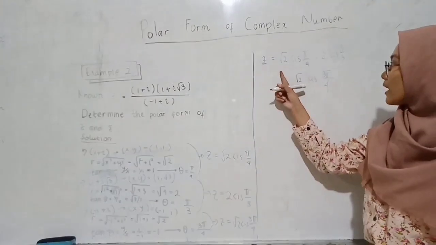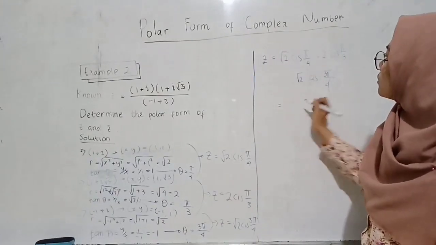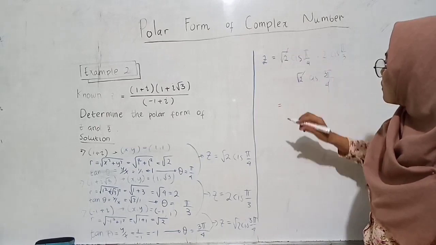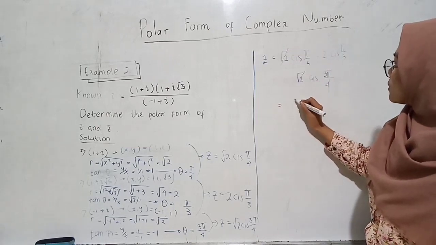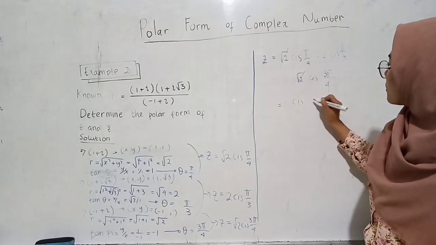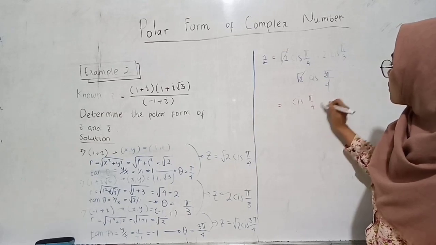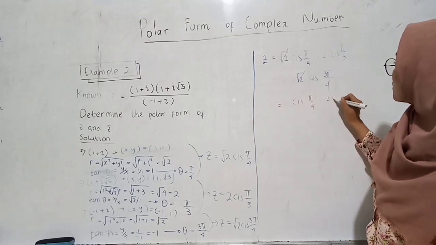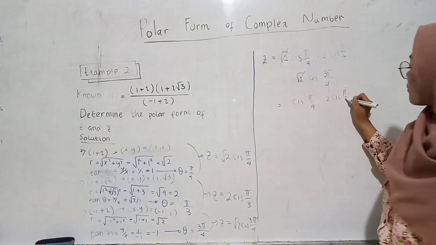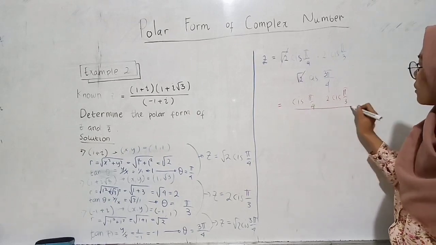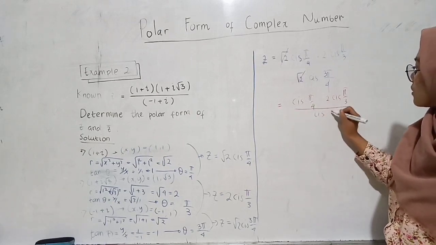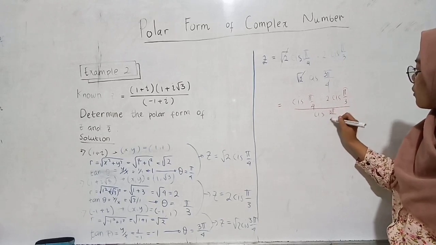We can simplify this form into cis π over 4 times 2 cis π over 3 over cis 3π over 4.